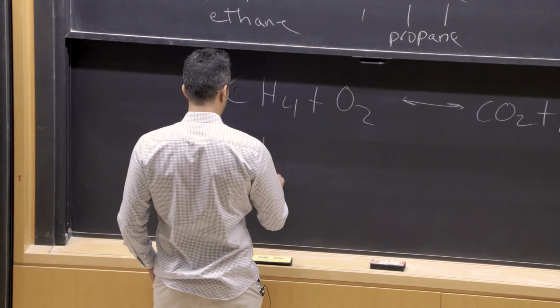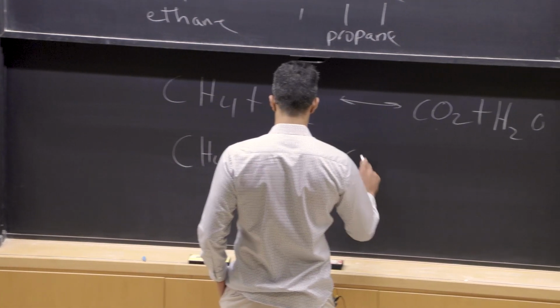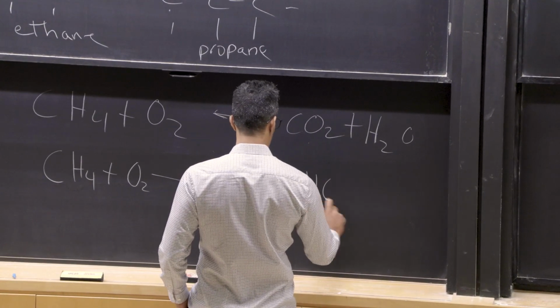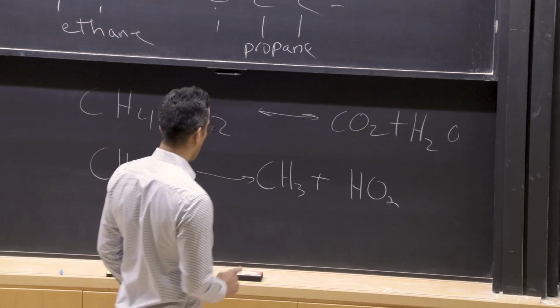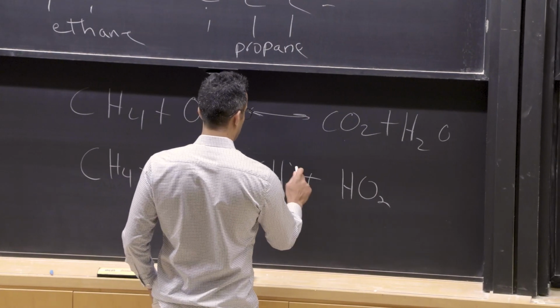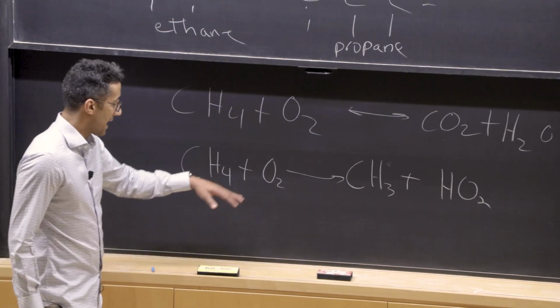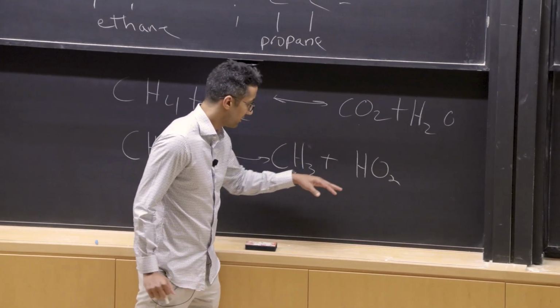One of them could be, yes, O2, which is a radical, could grab a hydrogen from CH4 and make CH3 plus HO2.